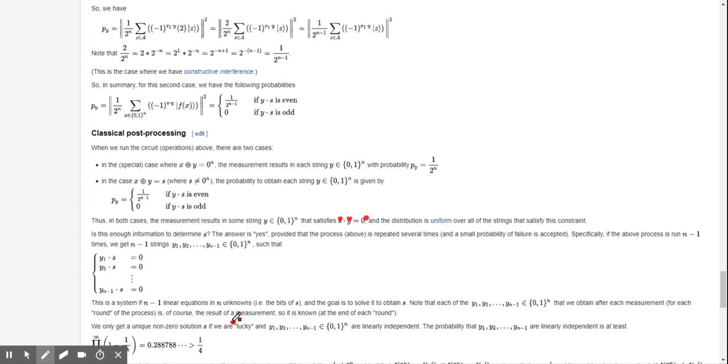Okay, because S, okay. That's XOR actually. That's the bitwise XOR. Okay, so this is what this is saying. See, I'm getting there.